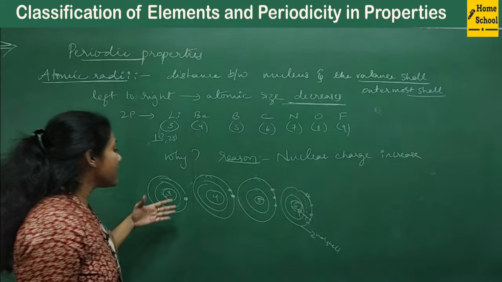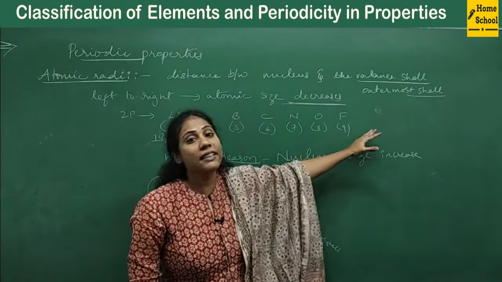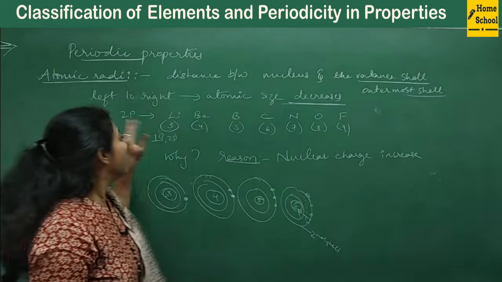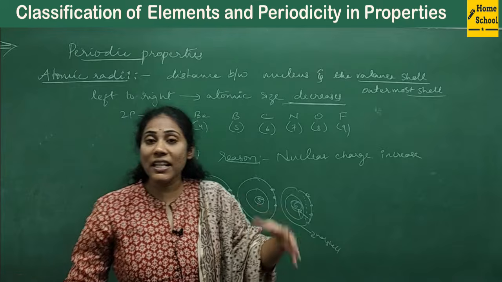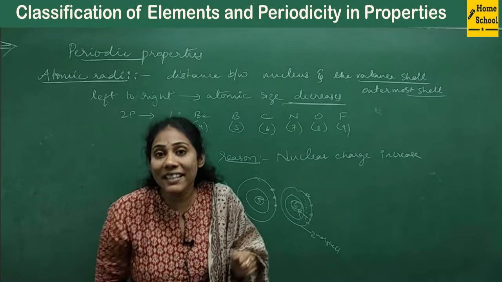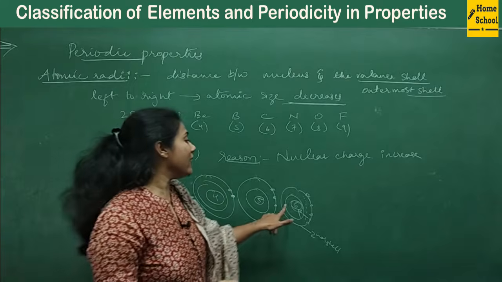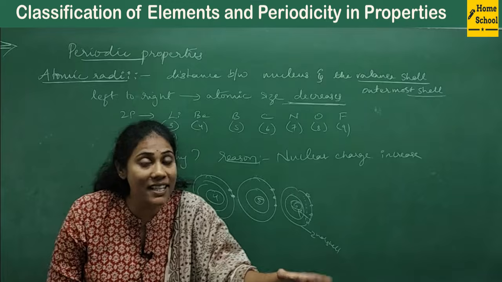Because the outermost shell is the same in all the elements of second period. Outermost shell is your second shell, it is the same, but the number of protons is increasing. As a result, attraction between the nucleus and outermost shell increases.